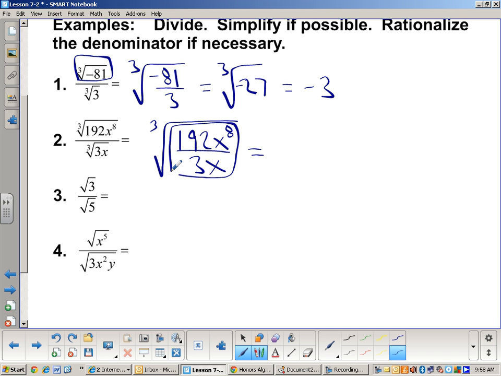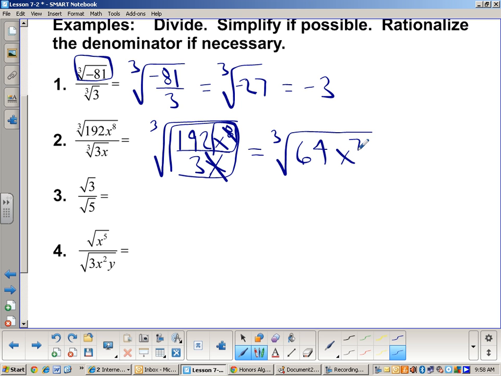And x to the 8th power means I have x times x times x, 8 times, over 1x. So one of these will cancel with one of those, which gives me x to the 7.